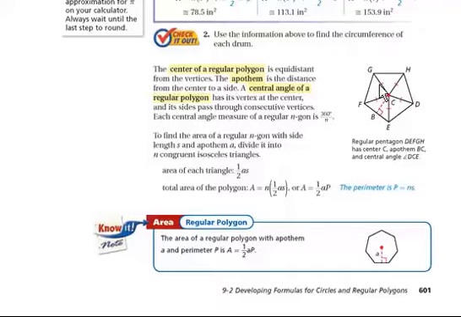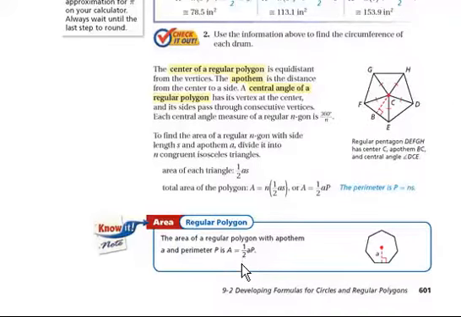Okay, so we can talk about the area then of a regular polygon, and we know that the apothem is this point, the center point out to the side. In this example here, it was the center out to point B out here. You can talk about the area and also the perimeter by this formula right here.